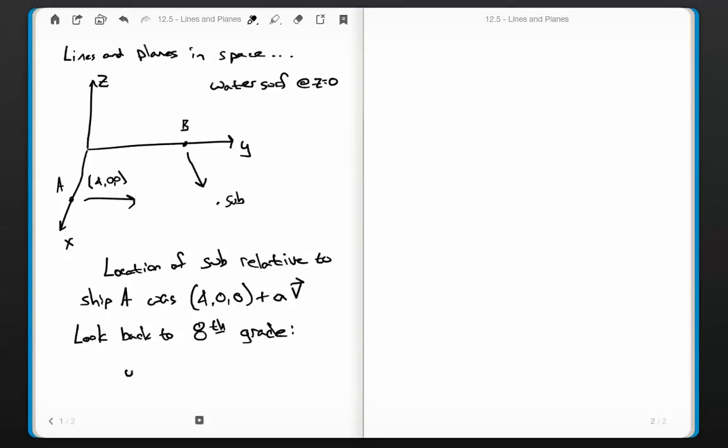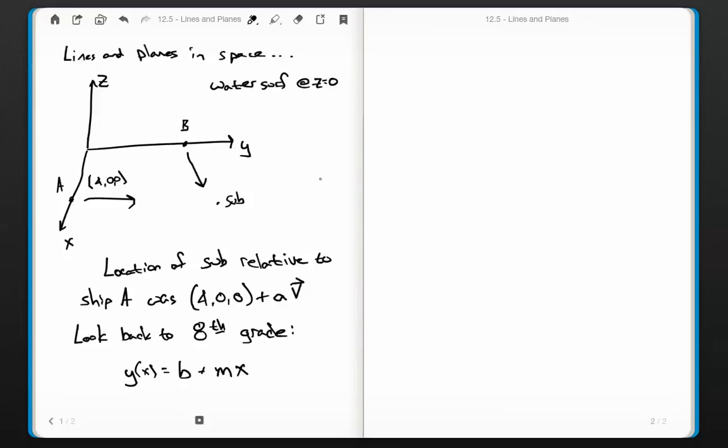We said that y of x, so y is a function of x, equals some initial position plus some direction times this thing here, right? Normally we'd see this as mx plus b, but I'm going to write it as an initial position plus the slope, which is really kind of like a direction, and then how far we're moving. All right, so initial position plus this.